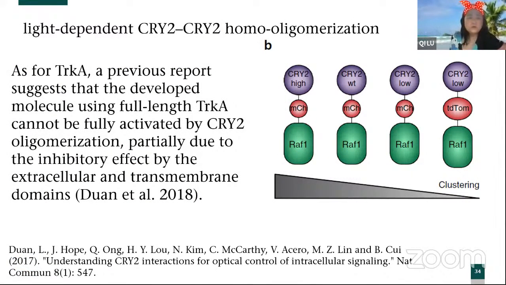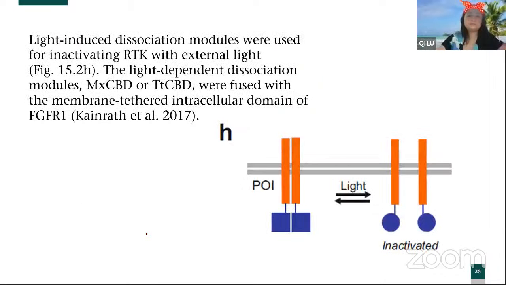As for TRKA, a previous report suggests that a developed molecule using full-length TRKA cannot be fully activated by CRY2 oligomerization, partially due to the inhibitory effect of the extracellular and transmembrane domains.